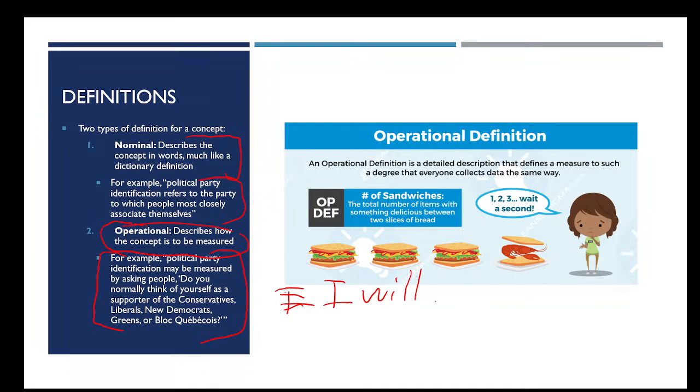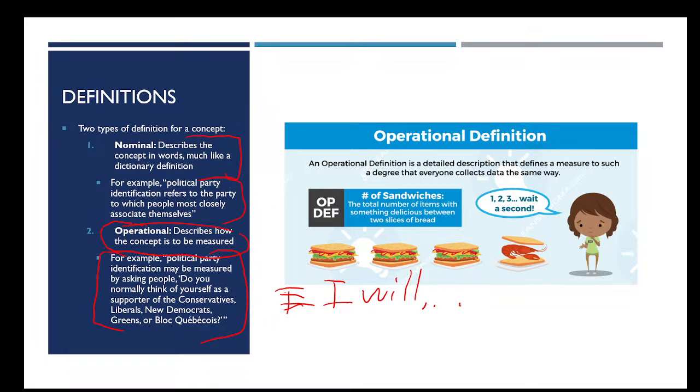I will ask people which political party they typically support. Or I will ask them ten questions, because I want to measure their loneliness. So this study will measure loneliness by administering 10 questions from the UCLA Loneliness Index.